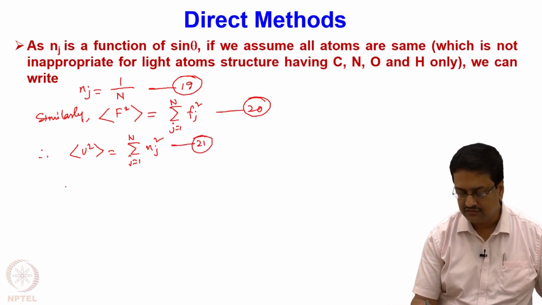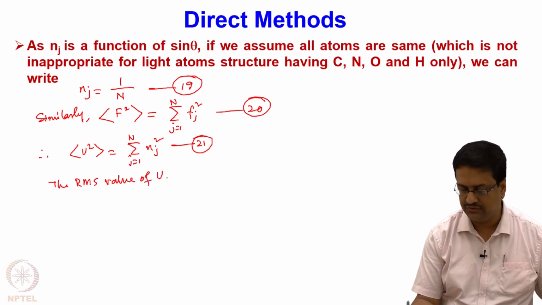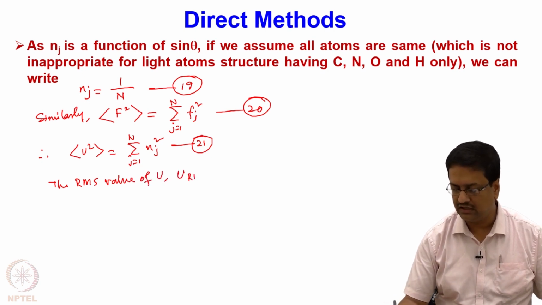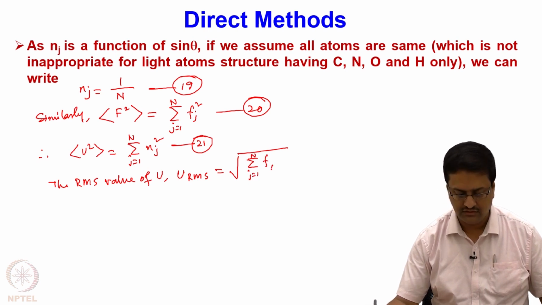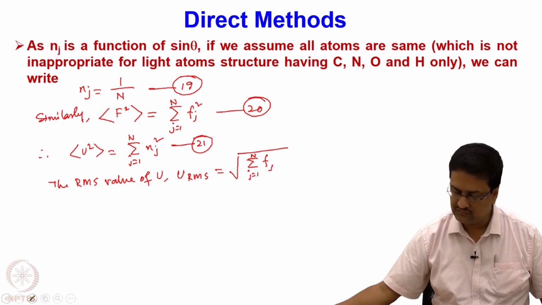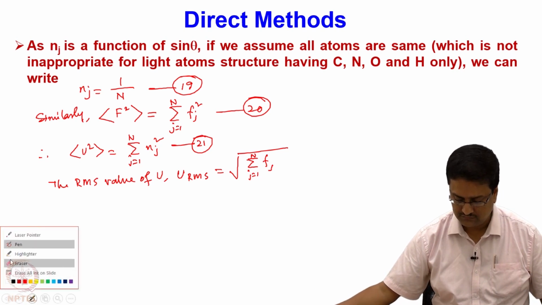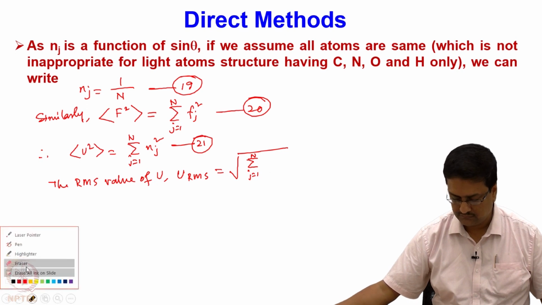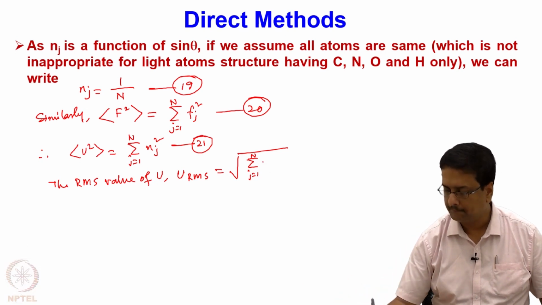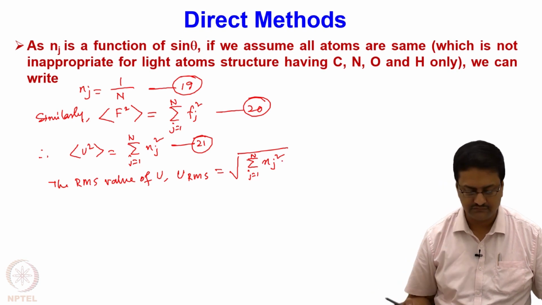So the RMS value of u, that is u RMS, is nothing but equal to the square root of sum over j equal to 1 to n nj square.